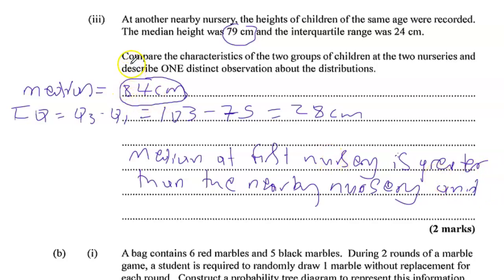And the interquartile is just the spread of the middle data. So notice the middle half, so the median of the first nursery is greater than the nearby nursery, and the interquartile spread is also greater, which represents, by the way, what we call the middle half.